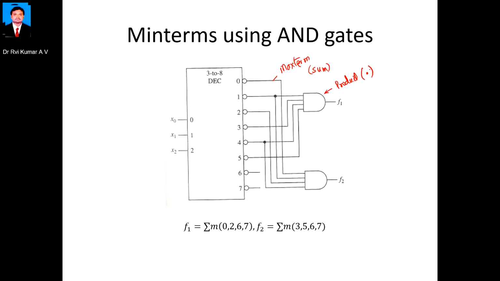If you want to implement a sum expression, I can use the AND gate. I am getting all the terms as max terms, so I need to make a product, that is an SOP, so I am supposed to use the AND gate.